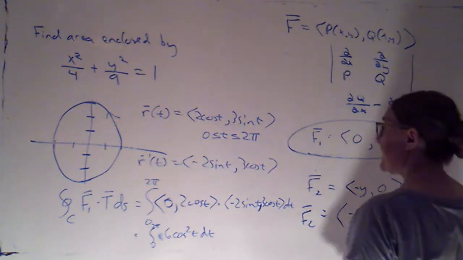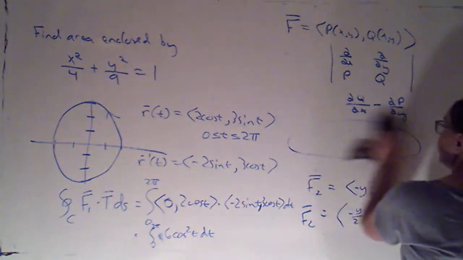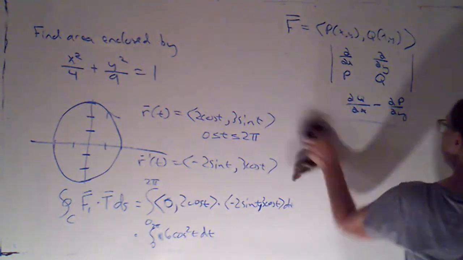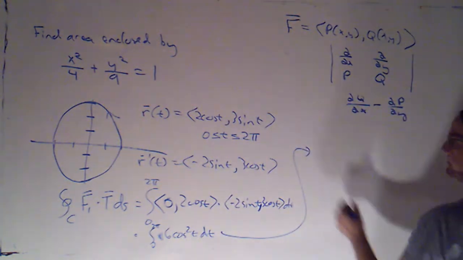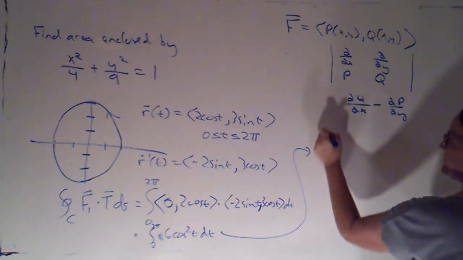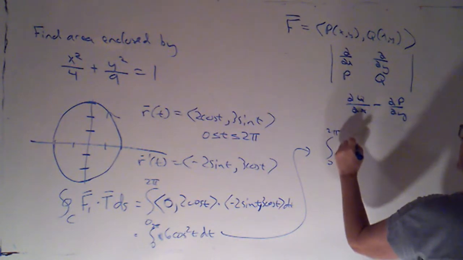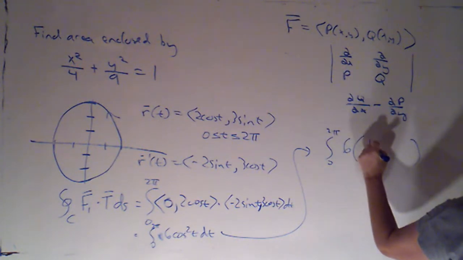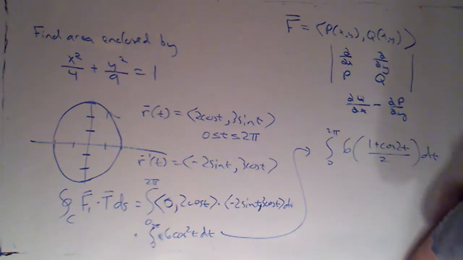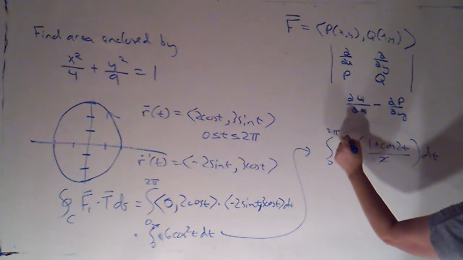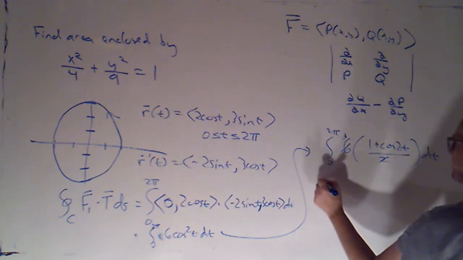But now I can use my double angle formula. So I can say this is the integral from 0 to 2 pi of 6 times 1 plus cosine 2t over 2 dt. I can cancel that 2, and I'm going to factor out that 3.